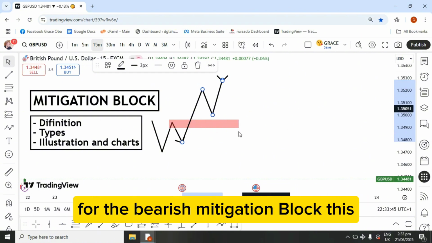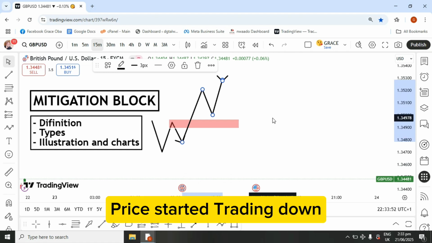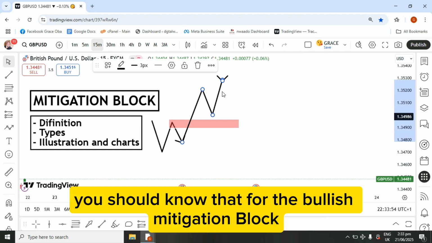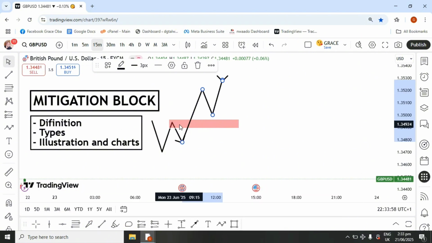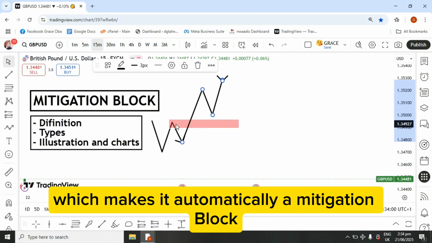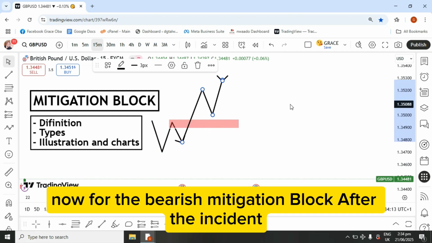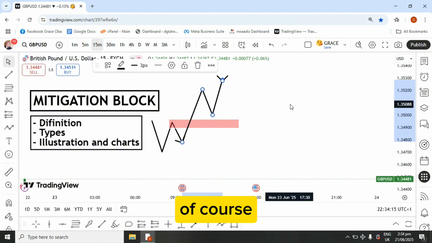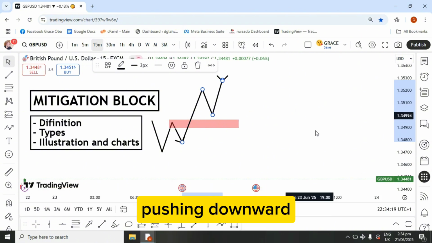For the bearish mitigation block, this is a case whereby after the incident, price started trading down. You should know that for the bullish mitigation block, after the crossing of this block, which makes it automatically a mitigation block, price started trading upward. Now for the bearish mitigation block, after the incident occurs, you have to see price start pushing downward.